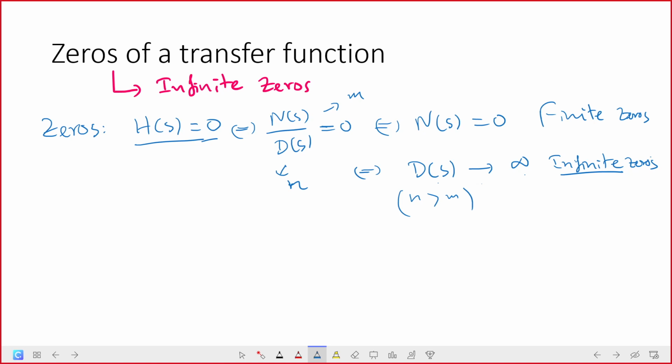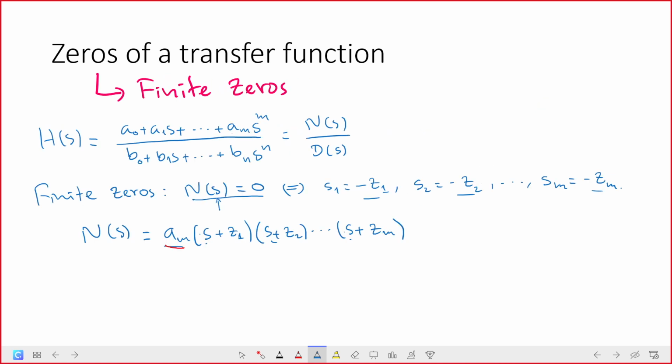I think it's better to say for the finite zero, we say N of s equal to zero.